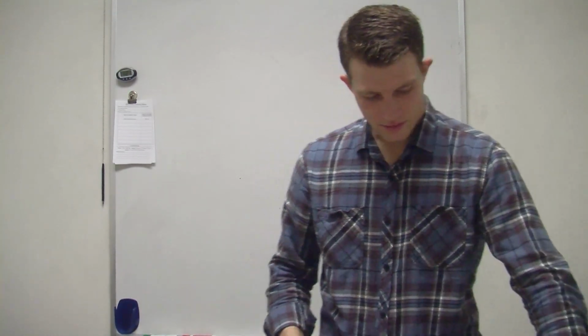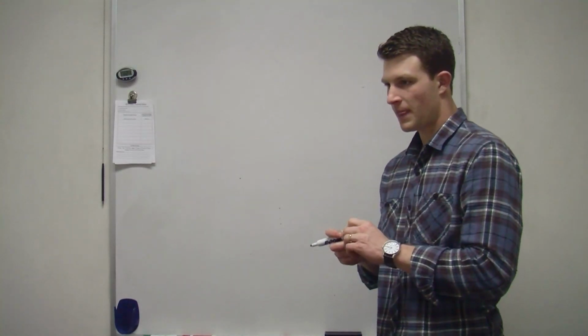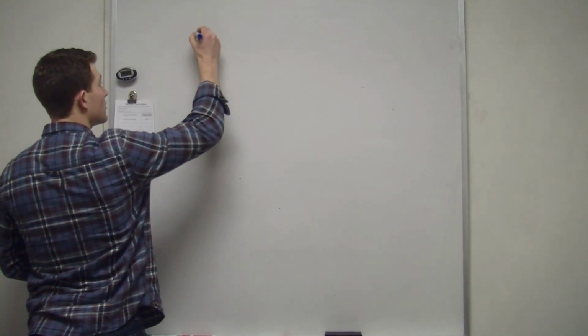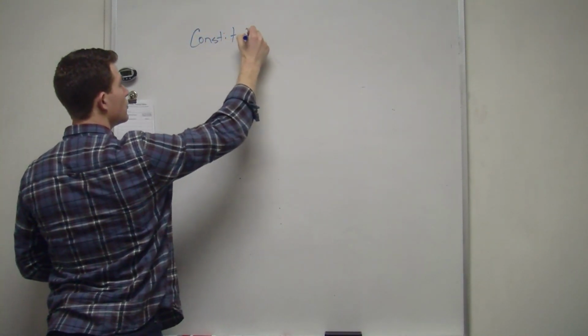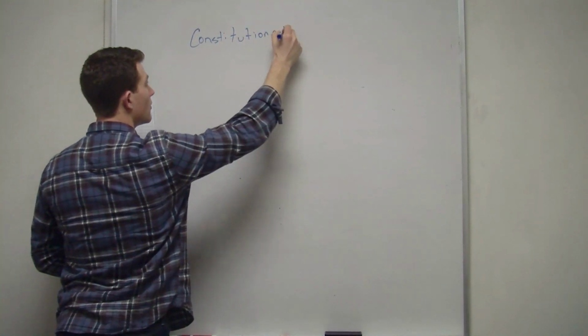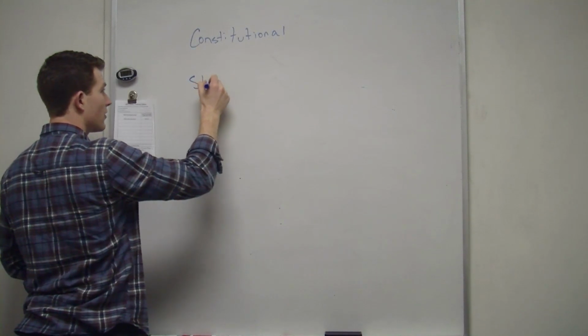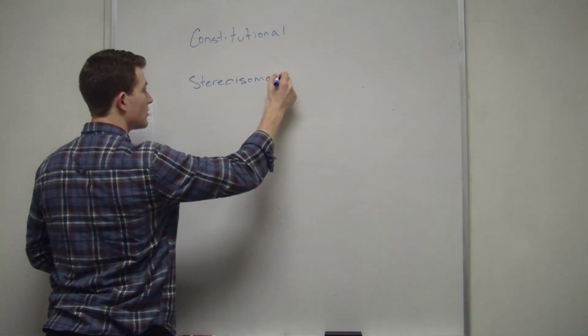Then let's go ahead and write down the different types that we have, because we only go over a few. You have constitutional isomers. You have stereoisomers.